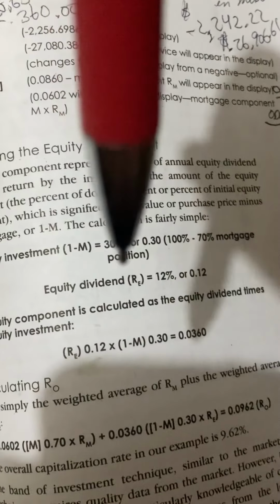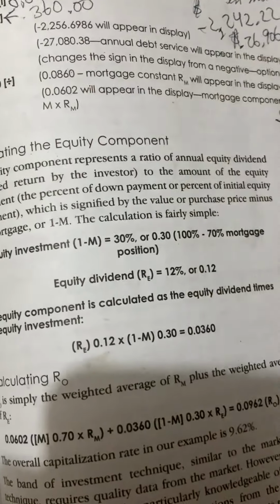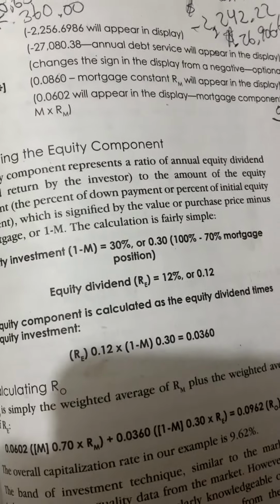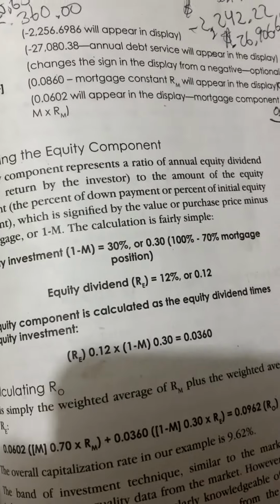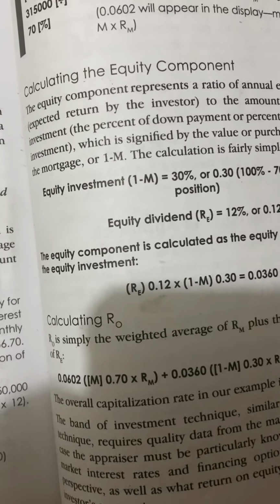Equity dividend, the symbol is a capital R with a little e, equals 12% or 0.12. The equity component is calculated as the equity dividend times the equity investment.